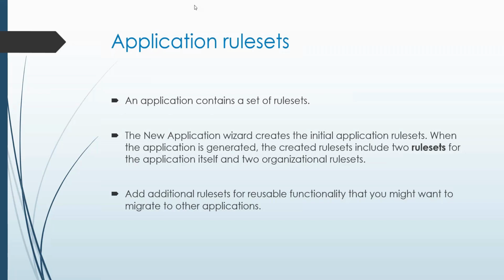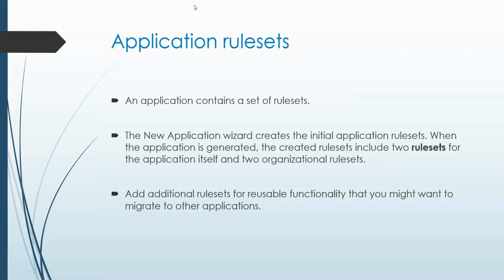Now, as part of the system creating some stuff for us, one of which is going to be your rule sets. So 4 rule sets are created when you create the application itself. So remember, what are those rule sets? I think we also did see them. Yeah, the application rule set, application integration, then organization and organization integration.